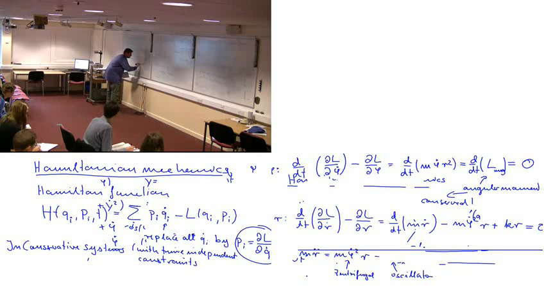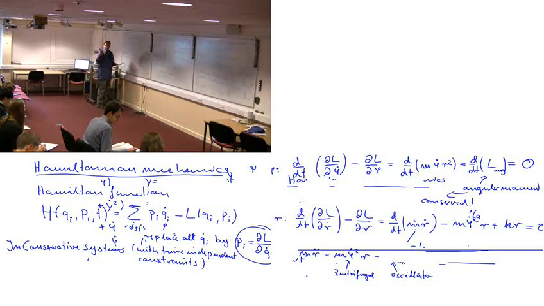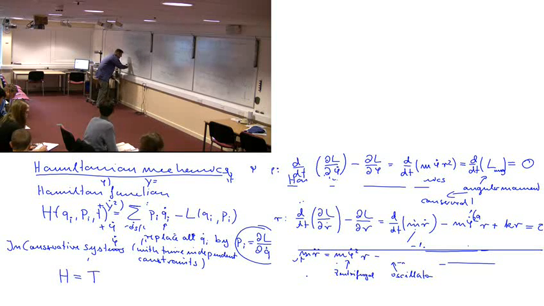A constraint is something like, for example, that your particle is attached to a string and cannot move further away from a certain center than the length of the string. If that is true, then the Hamiltonian is actually equal to the kinetic energy plus the potential energy.